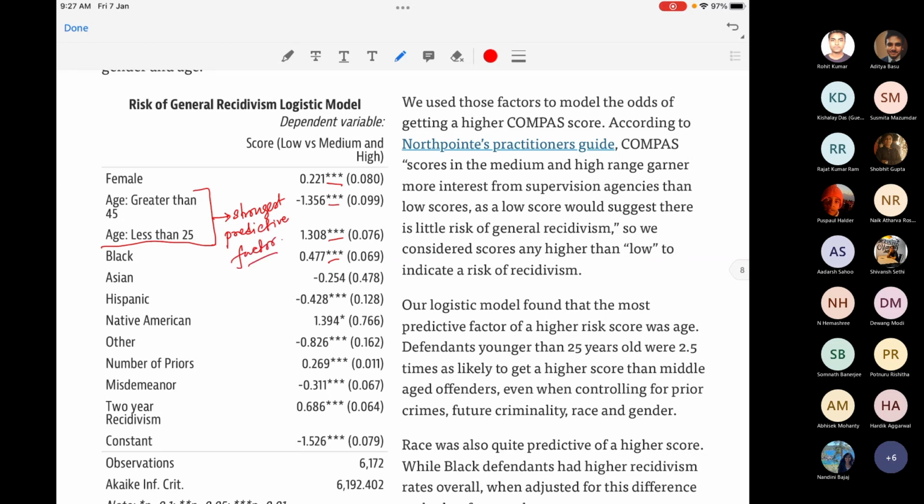It seems like defendants with age less than 25 are thought, at least by COMPAS, to be at a much higher risk than the others, than the middle-aged people. What else is coming up? What next?